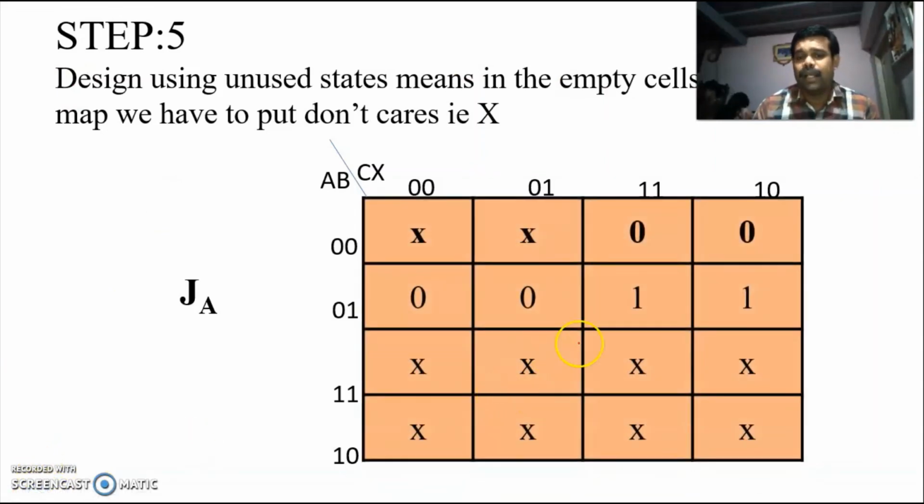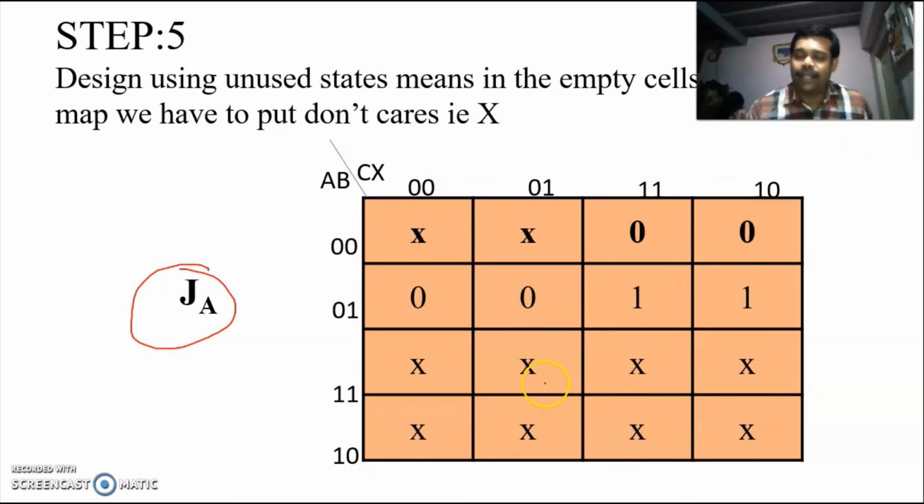So here we have already plotted the zeros, ones, and don't cares from the column of JA. In that, some of the cells are empty. Those empty cells are nothing but unused states.